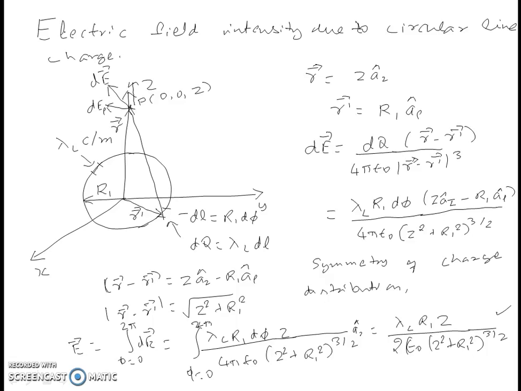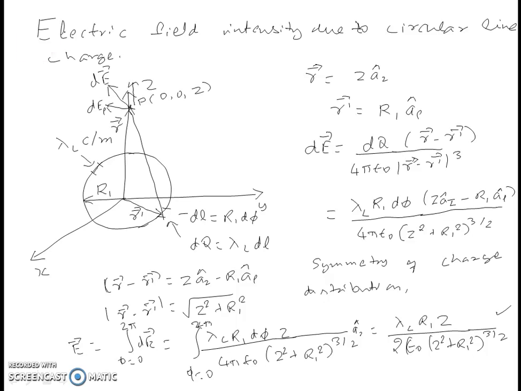To derive the electric field at this point, that is, if we take the point to be at the center, if we want to determine the electric field at this point, which is the center of the circle, then z is equal to 0.